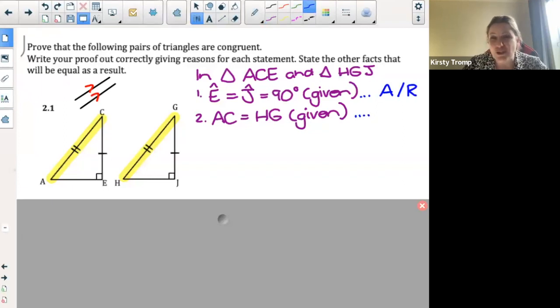What are these things that we've just done? Okay. In triangles, you get angles and you get sides. So I'm going to tell myself that this was a side, but it's a special kind of side. What can I call this side? It's the side that's opposite to the right angle.